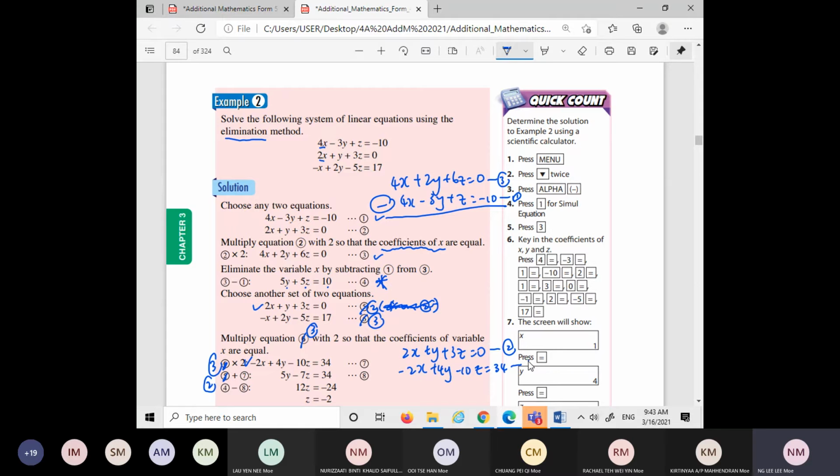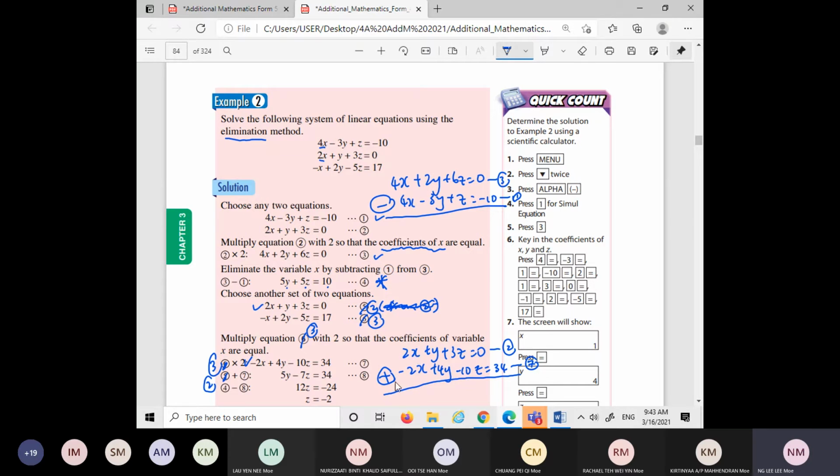Okay, this is 7. So you do plus. Why you do plus is because here 1 plus, here 1 minus. Why here you do minus is because both are the same sign. So you remember what you want to eliminate. If the same sign, you do minus. If different sign, you do plus.